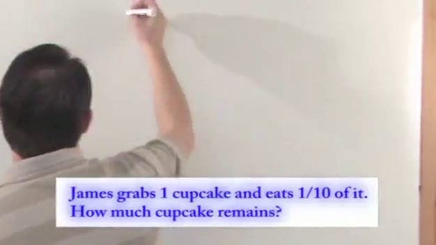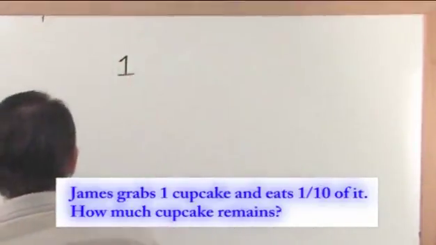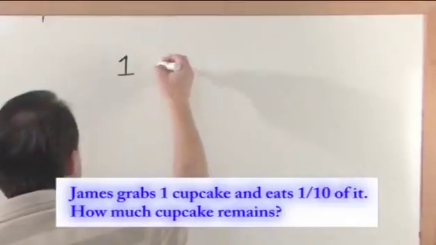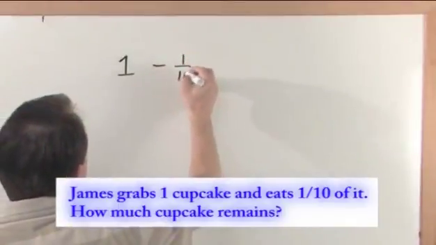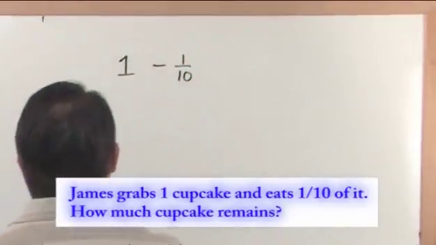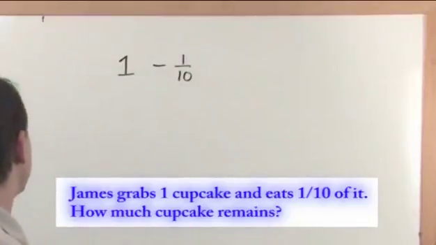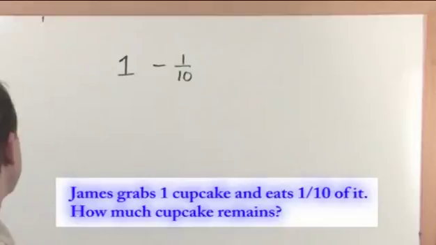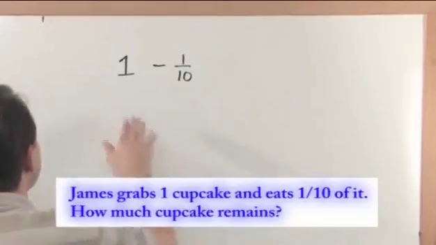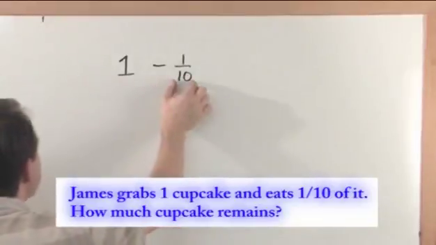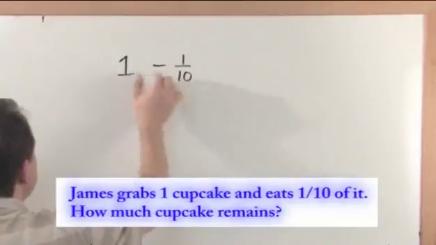So this one's a little bit tricky at first because you know he has one whole cupcake, okay? And he eats 1/10 of a cupcake, so you know you have to do a subtraction that looks like this, 1 minus 1/10. And that looks really difficult because you know that in order to subtract fractions, the bottom number, which is 10, must be the same.